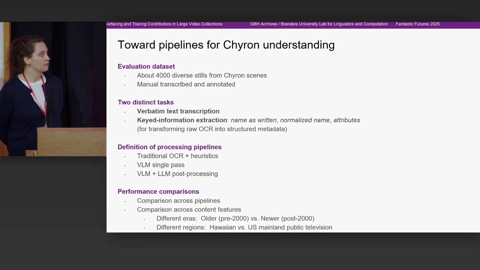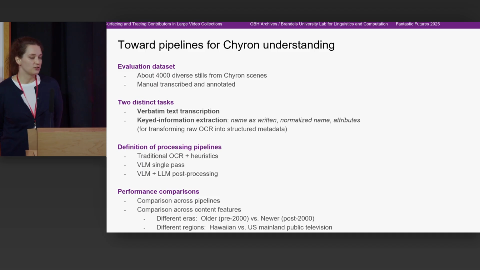For the key information extraction task, we compared a few different pipelines consisting of traditional OCR plus some heuristics to generate the formatted names and segment the transcribed text into the name, the normalized name, and attributes.